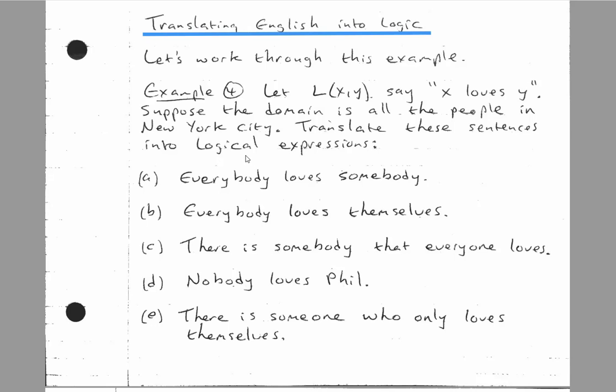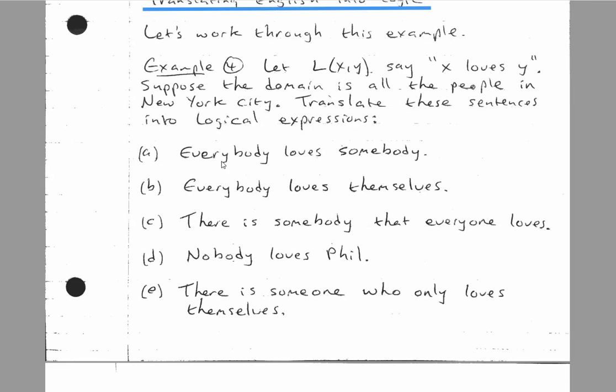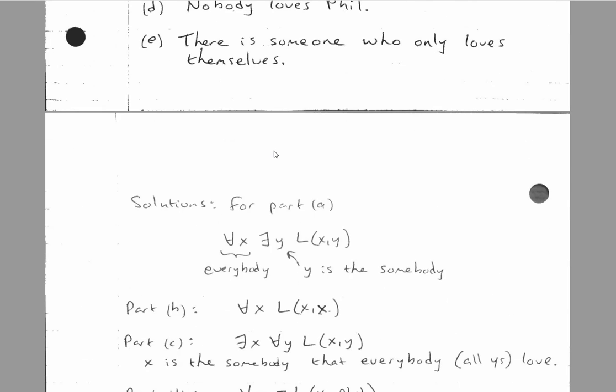Translate these sentences into logical expressions. Everybody loves somebody. Everybody loves themselves. There is somebody that everyone loves. Nobody loves Phil. There is someone who only loves themselves. We want to translate these into logic using this propositional function and our quantifiers.